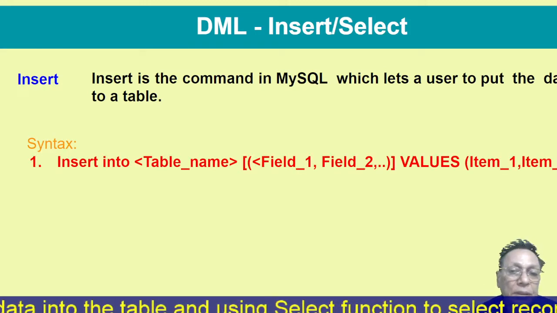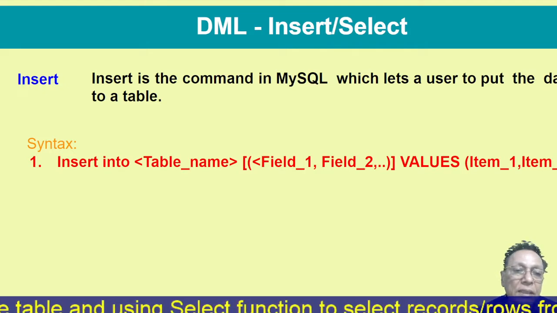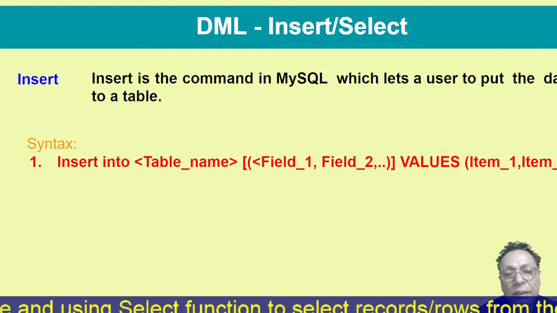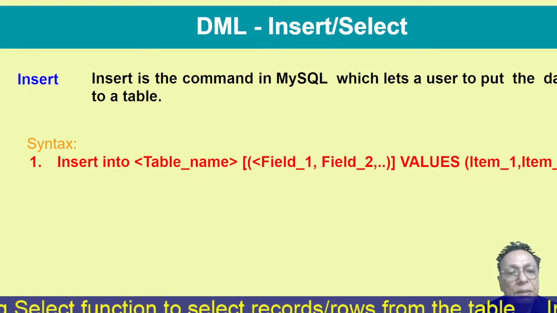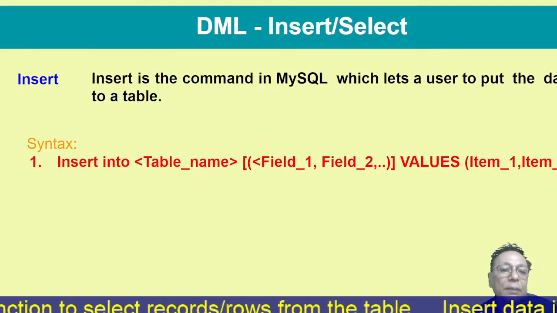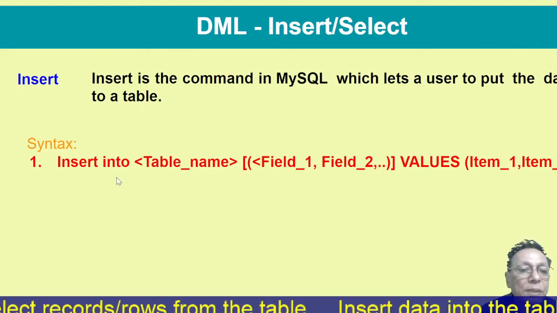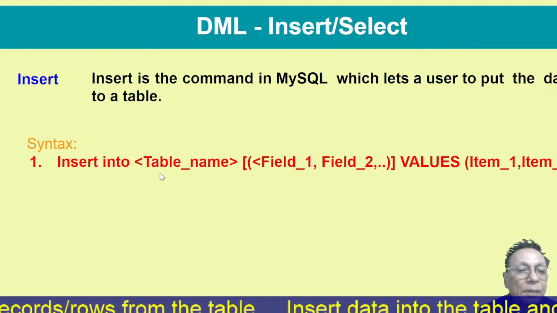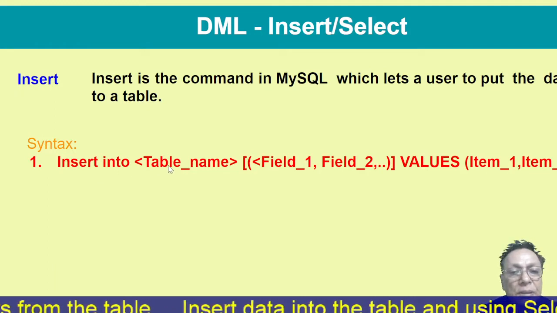If you see the syntax, you'll notice insert into, then you have to mention the table name. Whichever table it is, you will have to mention here. For example, if student is my table, then you will have to say insert into student.